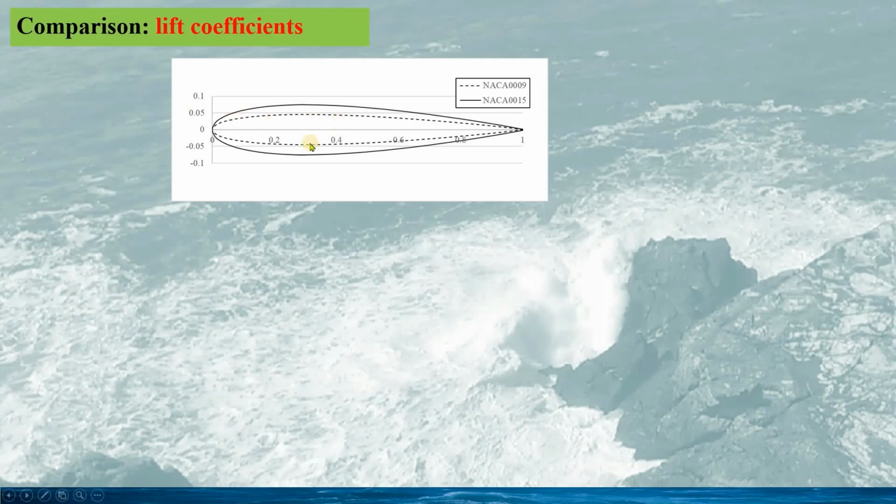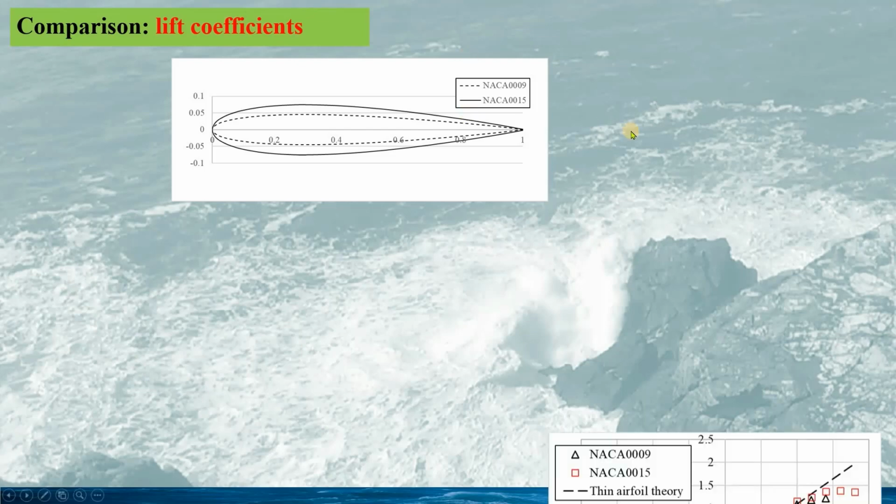The main difference between them is the thickness, 9% compared to 15%. Generally, NACA 0009 can be considered as the thin airfoil, but the NACA 0015 is a relatively thick airfoil, since the most useful airfoil would have a thickness of 12%.